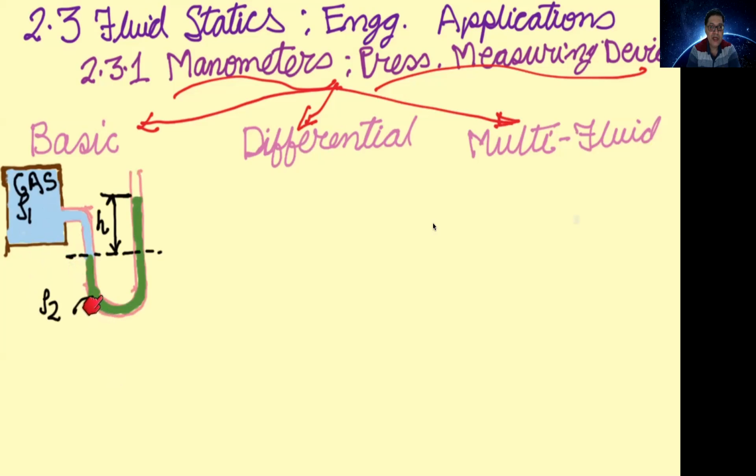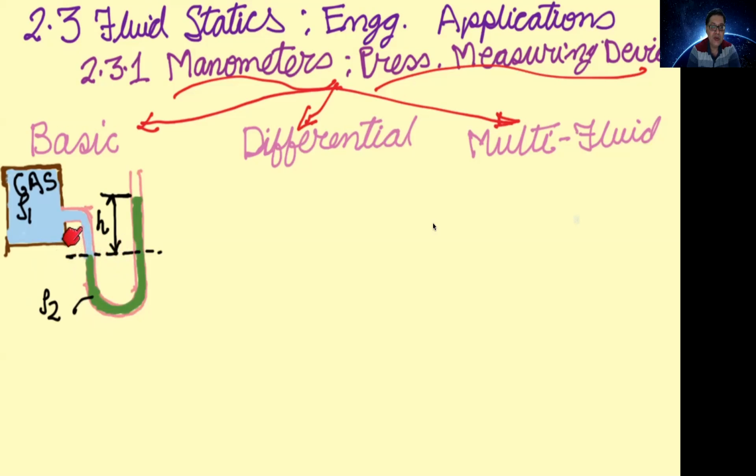If it is not connected with the gas, this manometric fluid will settle with the same height, because both ends are subjected to ambient conditions. The green fluid in the two limbs of the U-tube will be at the same height, since the pressure is atmospheric on both sides.